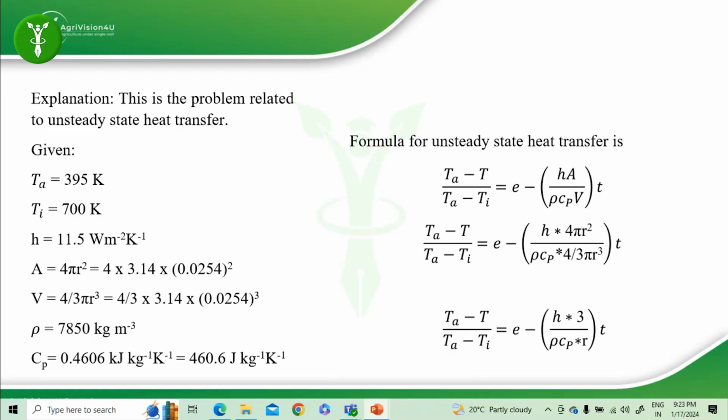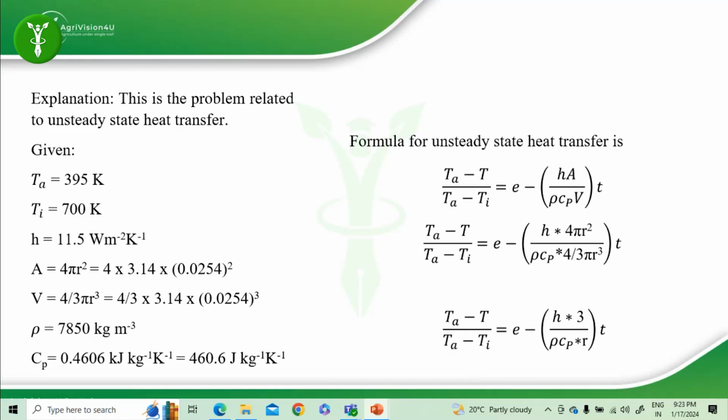I'll explain why I am putting the values for area and volume. The density has been given as 7850 kg per meter cube. The value for Cp is 0.4606 kilojoule per kg Kelvin, so we'll convert it to joule: 460.6 joule per kg per Kelvin.